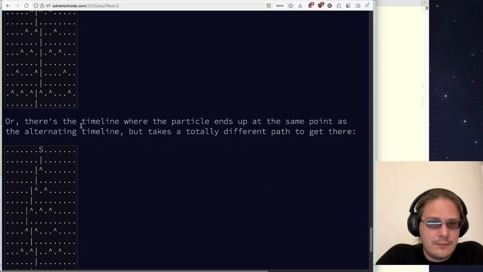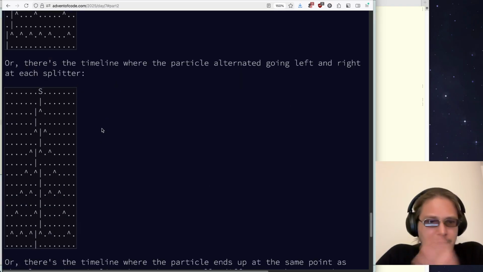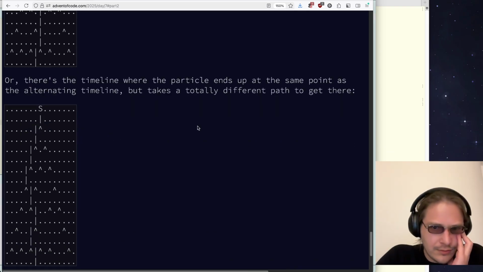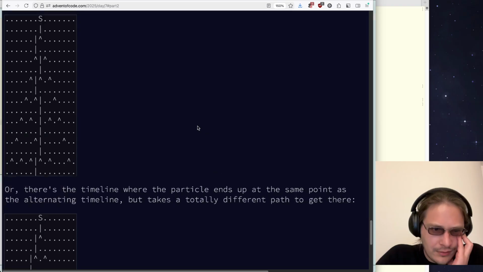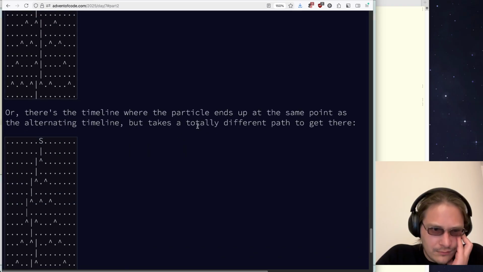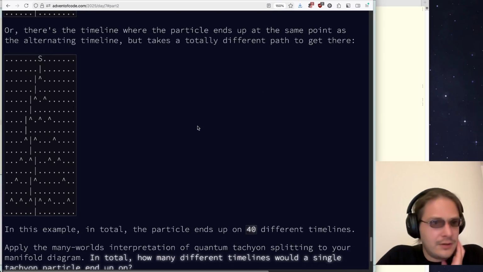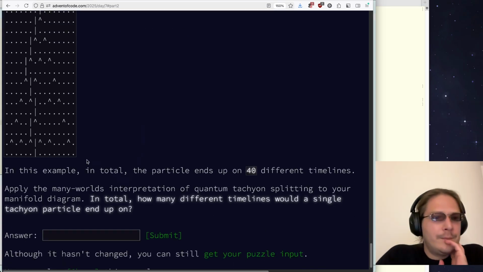Okay. At the same point at the alternating timeline, but takes a totally different path. I wouldn't say it's a totally different path, but yes. But it's different.